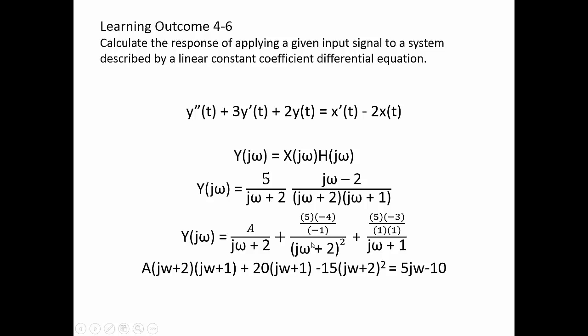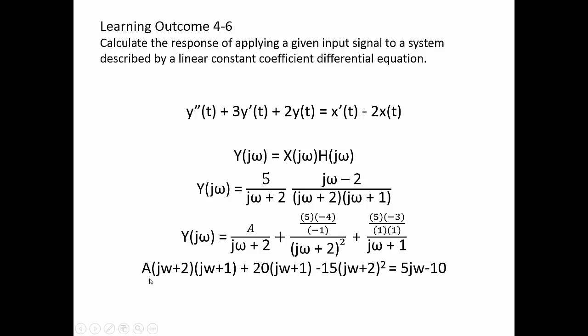Our 20 has to be multiplied by just a j omega plus 1. And our negative 15 needs to be multiplied by j omega plus 2 squared. And here we have the numerator from the previous term. I've not written the denominators. They're the same on both sides, so we can ignore them.